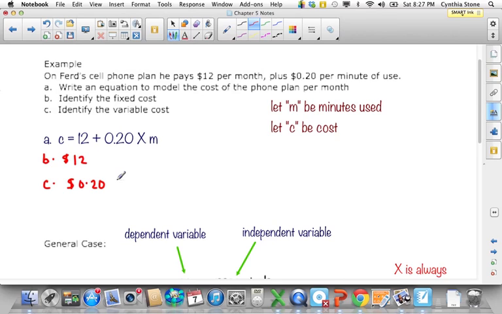It's the rate of pay, right? Let's do it per minute. Okay, so that's the fixed and the variable cost.